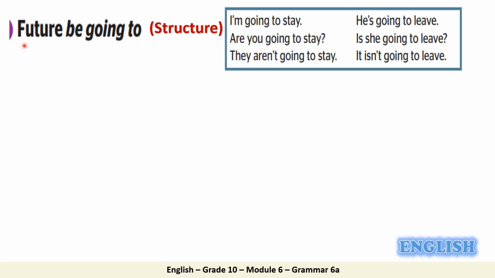Now let's discuss in details the structure. Let's take a look. First of all, with the affirmative. As you recall, what is the meaning of affirmative? When you are certain about something. The first sentence, I am going to stay, or he is going to leave. What is the rule for it?